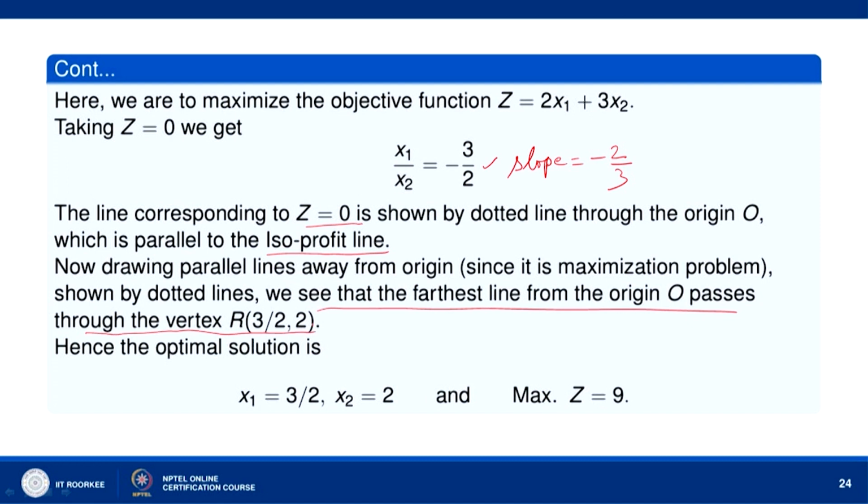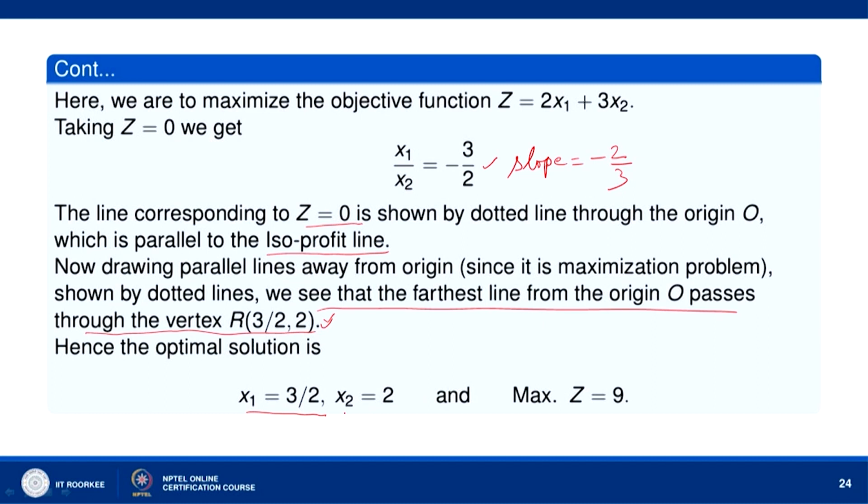If you draw lines parallel to the line 2x1 plus 3x2 equal to 0 even further, they will not cross the feasible region, so we do not have to draw them. Hence the optimal solution is x1 equal to 3/2, x2 equal to 2, and the maximum value of Z is 9.